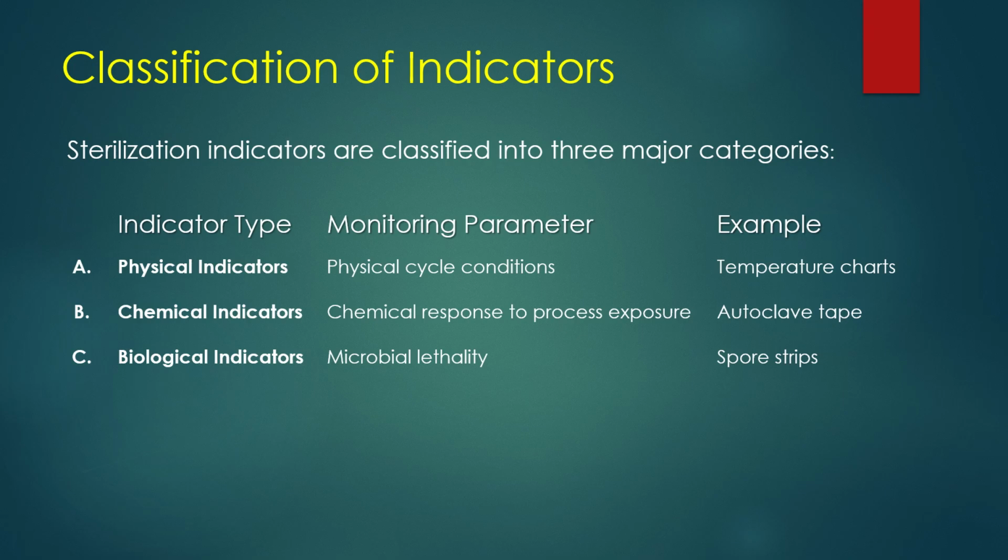Chemical indicators indicate exposure to sterilization conditions through a chemical or color change, such as autoclave tape, to verify that the sterilization process has occurred. Biological indicators assess microbial lethality using highly resistant bacterial spores such as spore strips to confirm the effectiveness of the sterilization process.